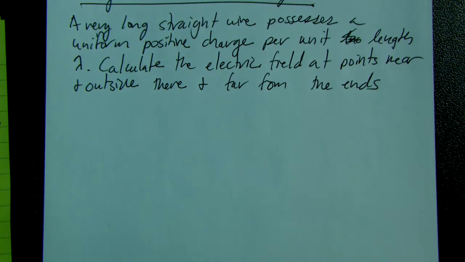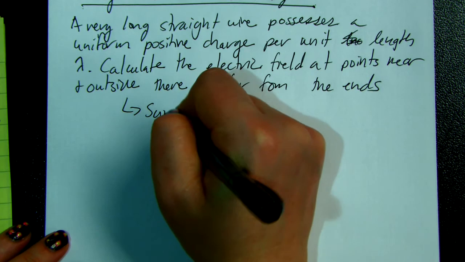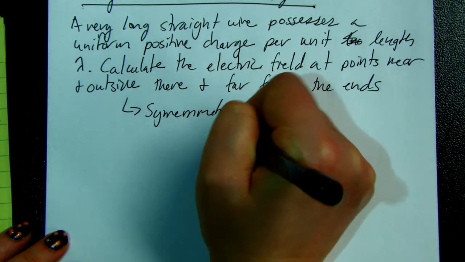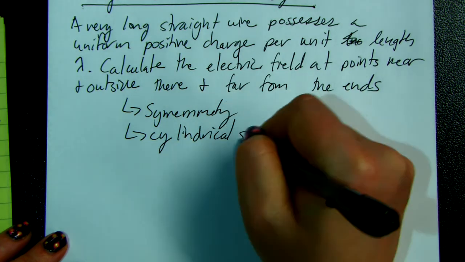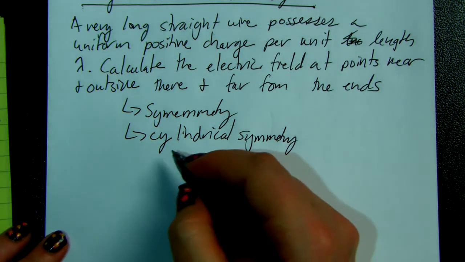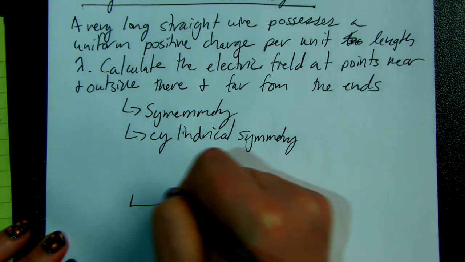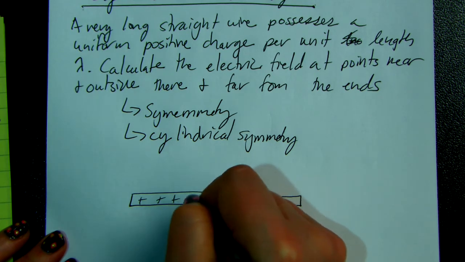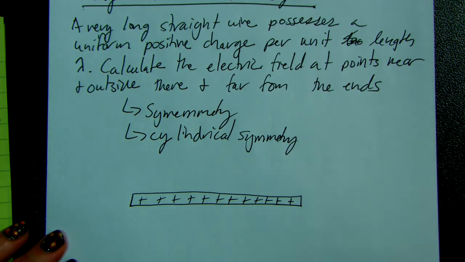All right, so once again, we have a symmetrical situation. This time it's cylindrically symmetrical. So we have symmetry, and we're dealing with specifically cylindrical symmetry. All right, so essentially, if we draw our long line of charge, here it is. And now we're going to draw our Gaussian surface.